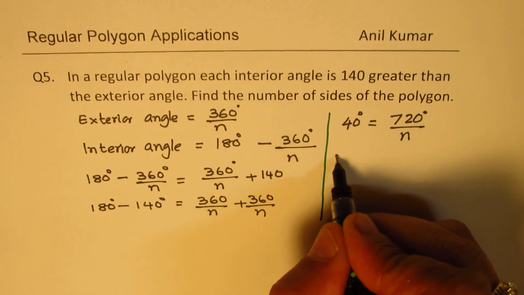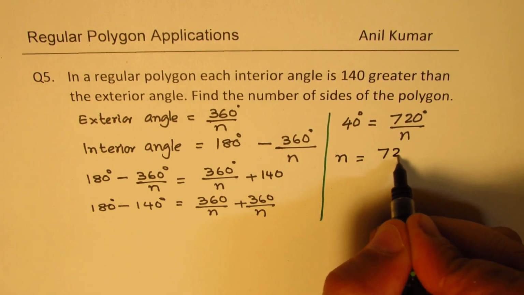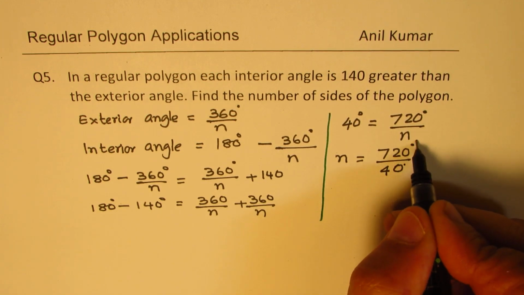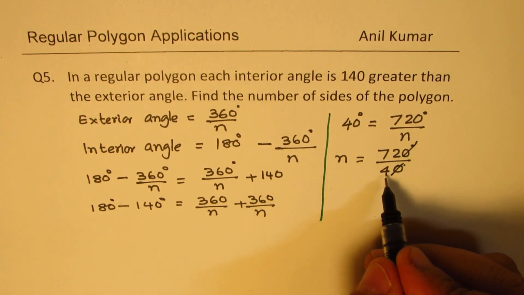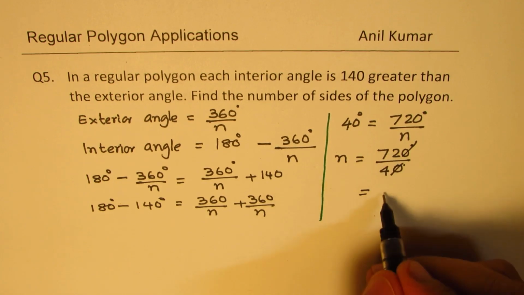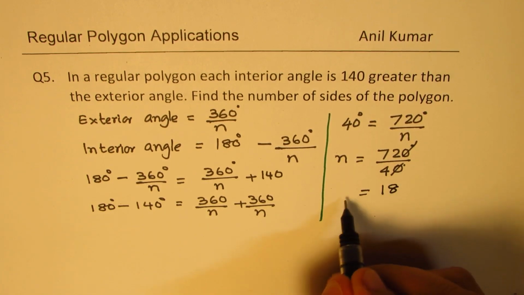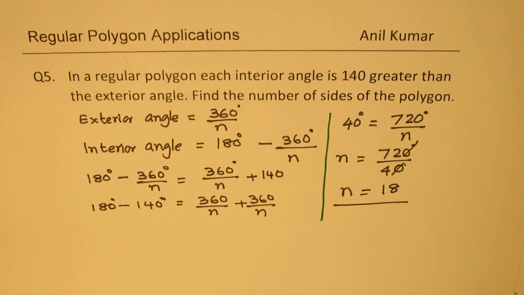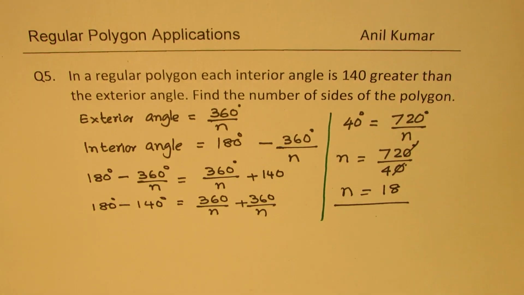Now we cross multiply to find n. So n is 720 degrees divided by 40 degrees. The 0s cancel. You can divide by 4. 4 times 1 and then 8. So n is equal to 18. Is that correct?